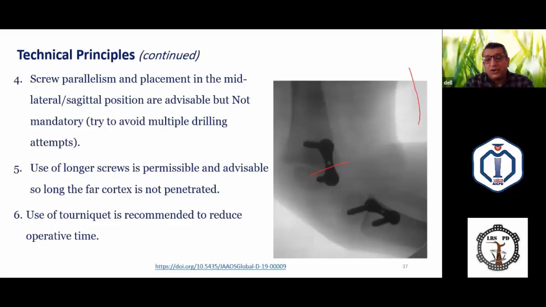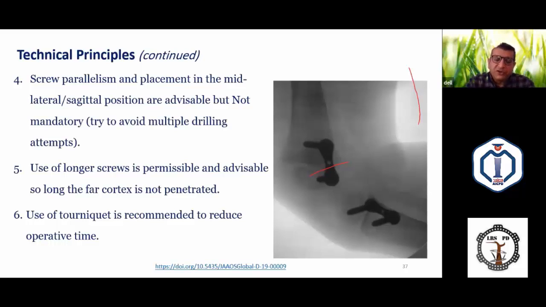But if it is not achievable, then you should not make multiple drilling attempts that may compromise the screw and risk injury of the growth plate in order to achieve these goals.